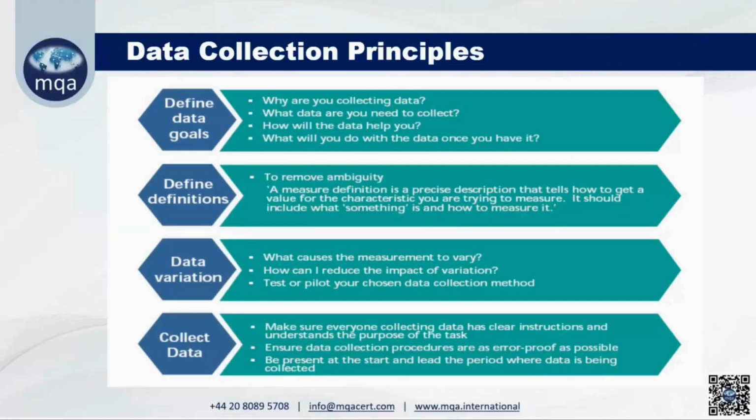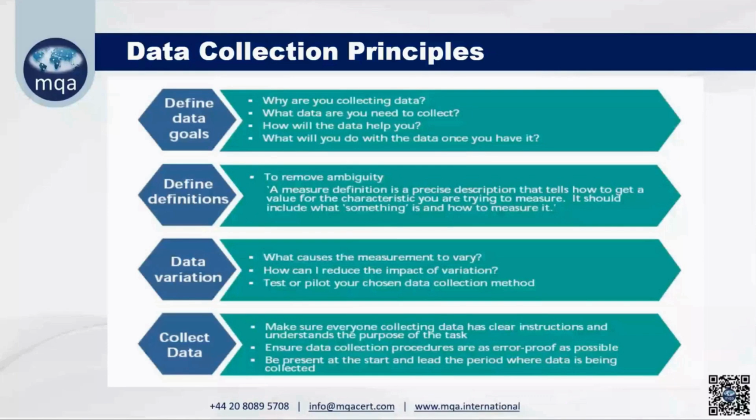Now we have certain principles for collecting the data. First is define the data goals, like what we want to collect. I told you the W, H and all principles, so here everything is defined. Why do you want to collect the data? Then what type of data you need to collect.